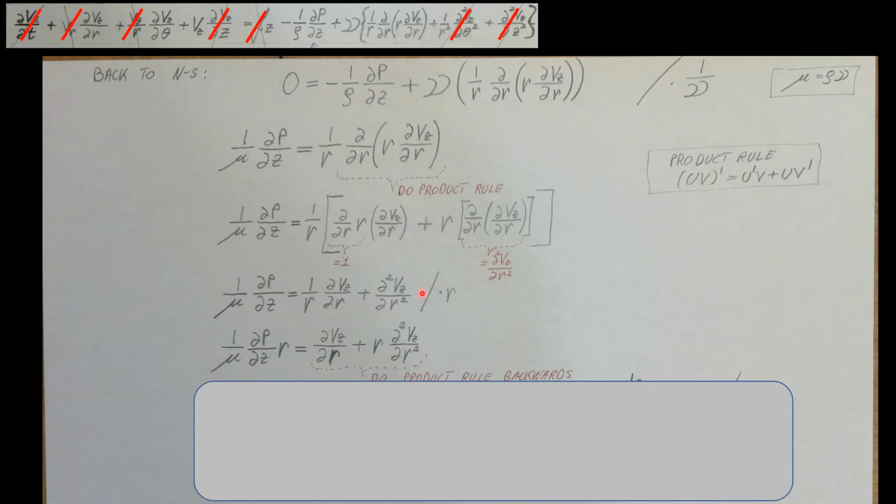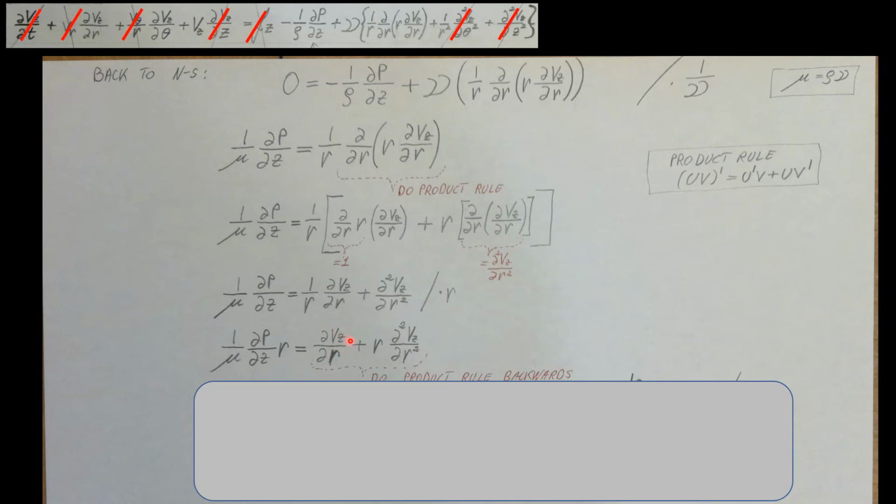Now, for the next step, it's kind of hard to foresee what you should be doing, but let me explain what's happening here. I'm going to try to manipulate what we have here into a form where I can do the product rule backwards and simplify these terms down a bit.